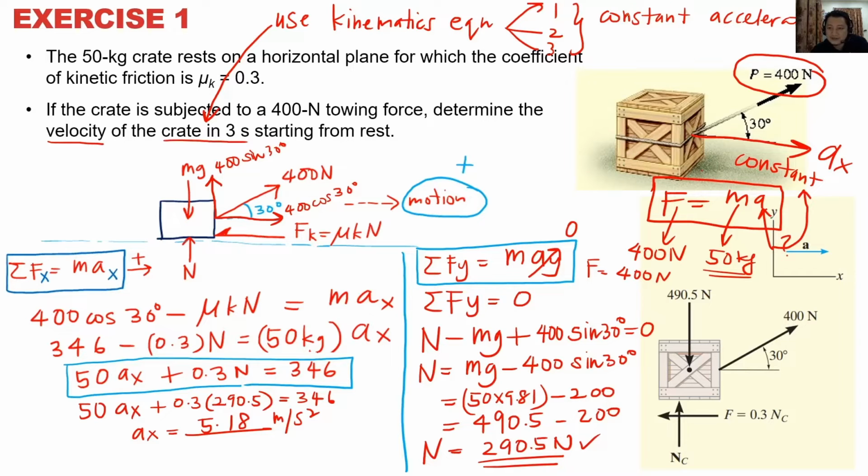So we can use this equation lah. Cari velocity after 3 seconds. So senang je lah. Use the first equation. V is equal to V0 plus AT. V0, original velocity 0, acceleration 5.18, time 3 second.